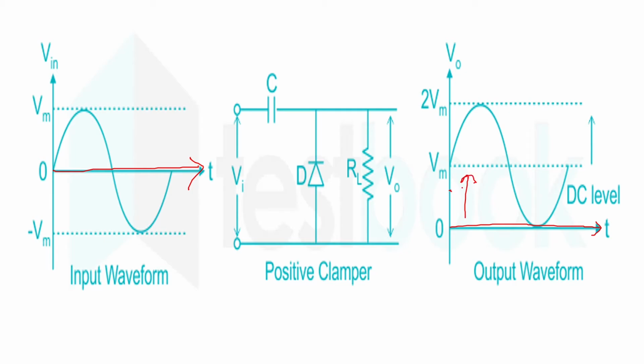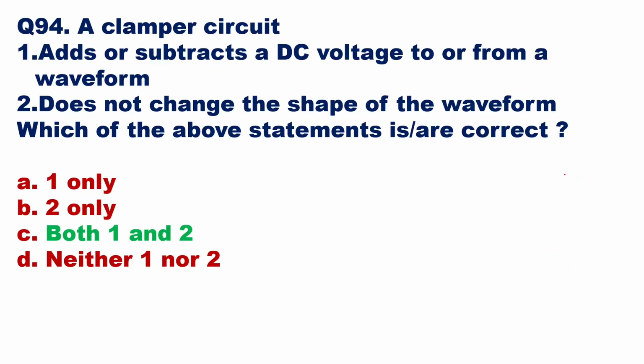There is a DC offset added and it has gone more positive. And you can see the shape of the waveform has not changed. It has been added with the DC level, but the shape of the waveform has not changed. So both the statements are true. So option C is the right answer. Both 1 and 2 are correct.